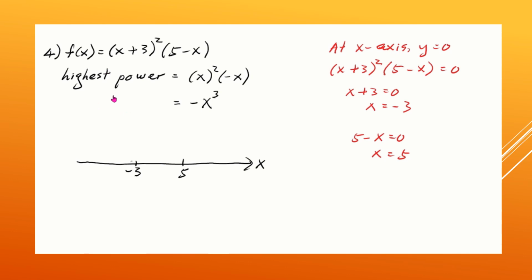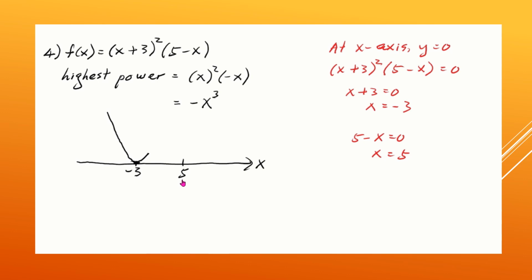So we start sketching the curve from here. Then when we come to the first point, which is -3, since -3 is from the factor x plus 3 and it is power 2, -3 is a turning point. So we make a turning point at x equals -3.